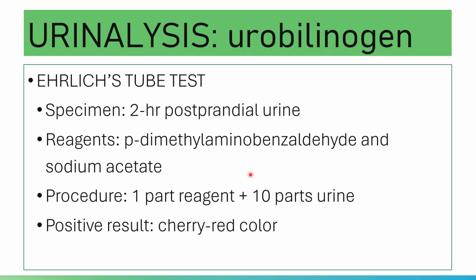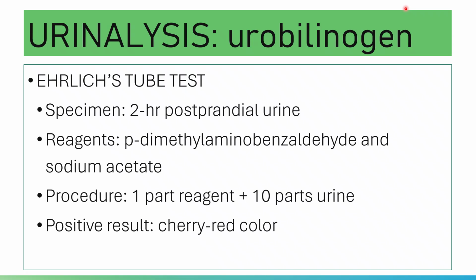Please note that Ehrlich's tube test is not specific to urobilinogen. It can be used for indicans, sulfonamides, and para-aminosalicylic acid, as well as porphobilinogen, which is seen in cases of porphyrias.